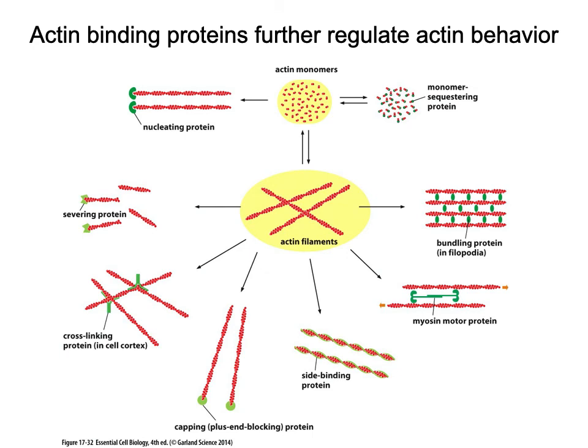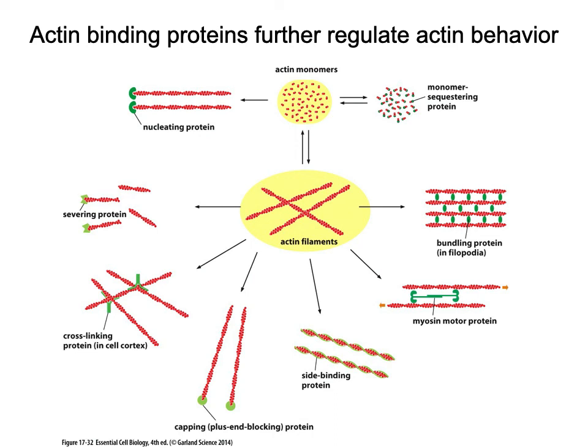Okay, so there's also a number of proteins that can bind actin that will regulate how actin behaves. So keep in mind that we have monomers that are going to come together to form the filaments. So there are going to be monomer sequestering proteins. So obviously, if we're able to get more monomers together, we can make more actin filaments.